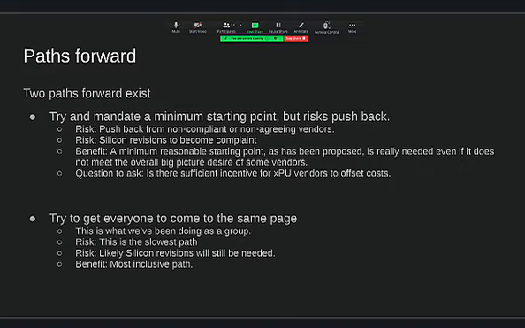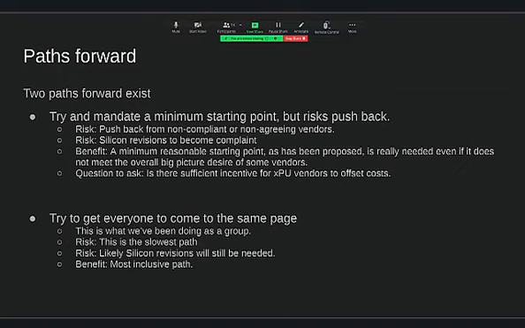They may push back, and they may not agree with that, and they risk revisions of silicon. We already know the vendors are saying, in order to do some of the basic functions necessary for, say, supporting PLDM properly, they'd have to go back and revisit silicon anyway.